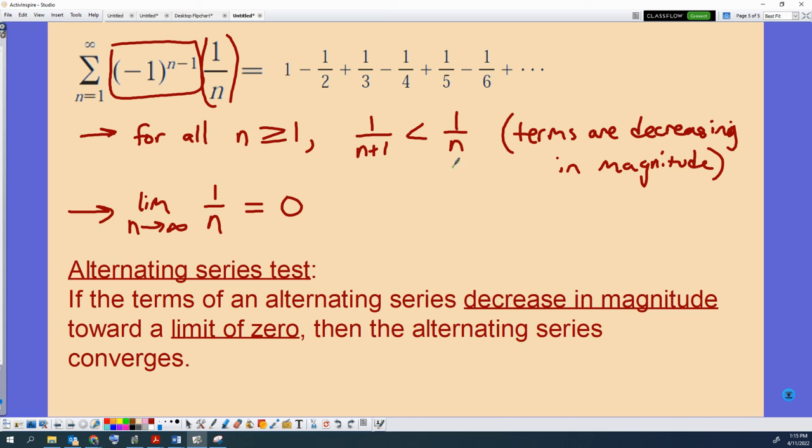Or if it's just not true at the beginning for a finite number of terms, let's say 10 terms, you could cut off those 10 terms from the series. You could go from 1 to 10 and then do the series from 11 to infinity. As long as this is true from there on, you can show that the rest of that series is convergent. Obviously, the first 10 terms are convergent if they're finite, if there's no domain problems. And so you can still prove convergence that way. If you need to cut off some terms, that's always something that can be done with these.